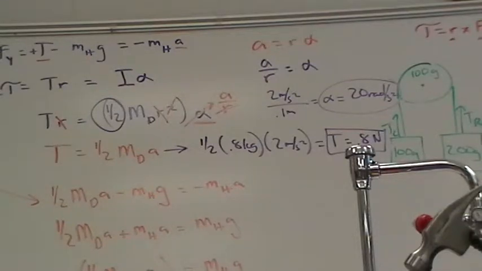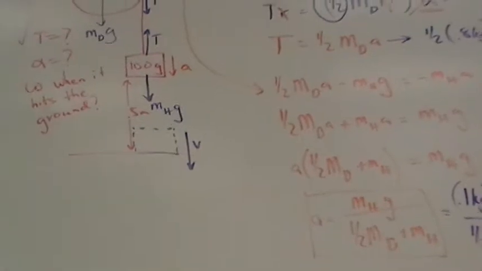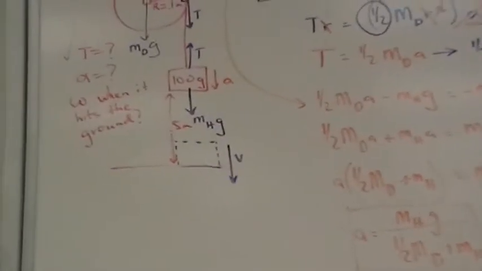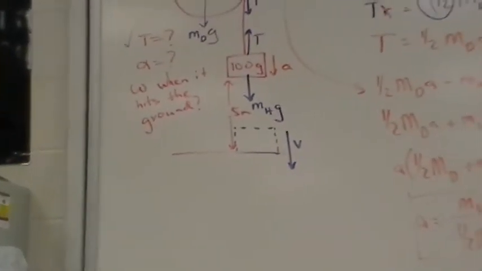Let me frame the question a little better. When that box makes it to the ground, if I could tell you the linear speed that it hit the ground with, could you give me the angular speed of the pulley? Yes. Anyone know how?